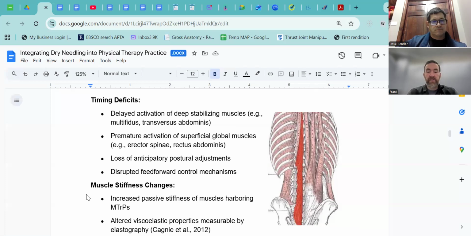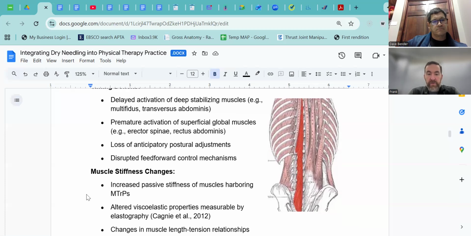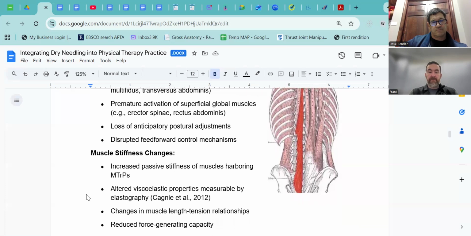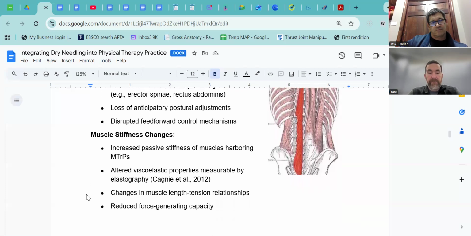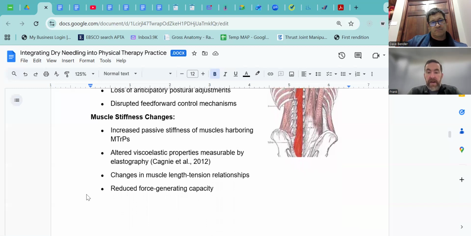With the muscle stiffness, there's a passive stiffness to those muscles with the myofascial trigger points, and some researchers have measured the viscoelastic properties being altered, a change in muscle length-tension relationships, and reduced force generating capacity.